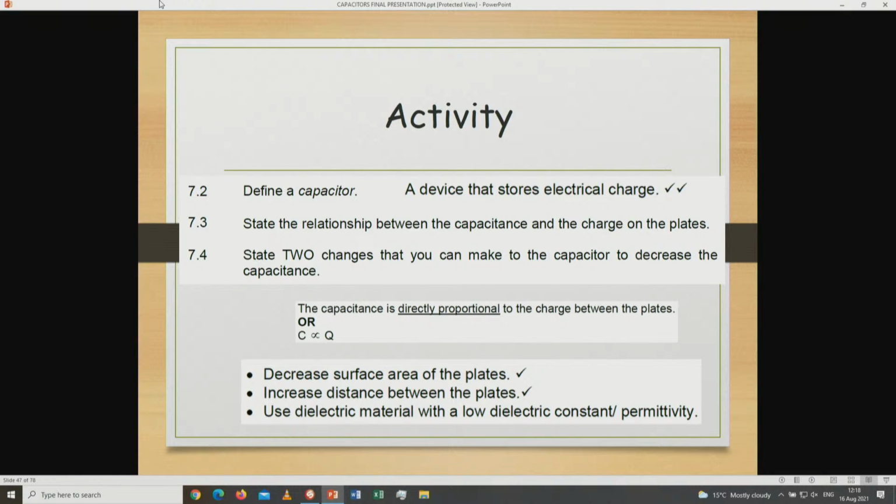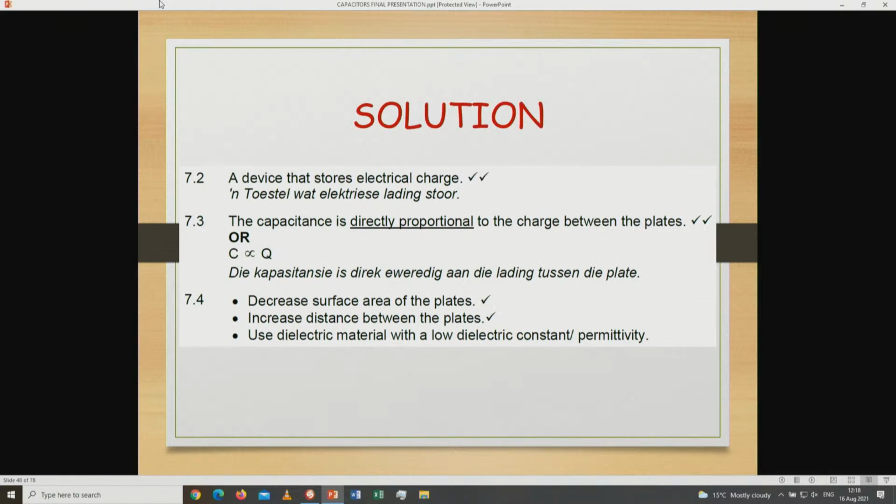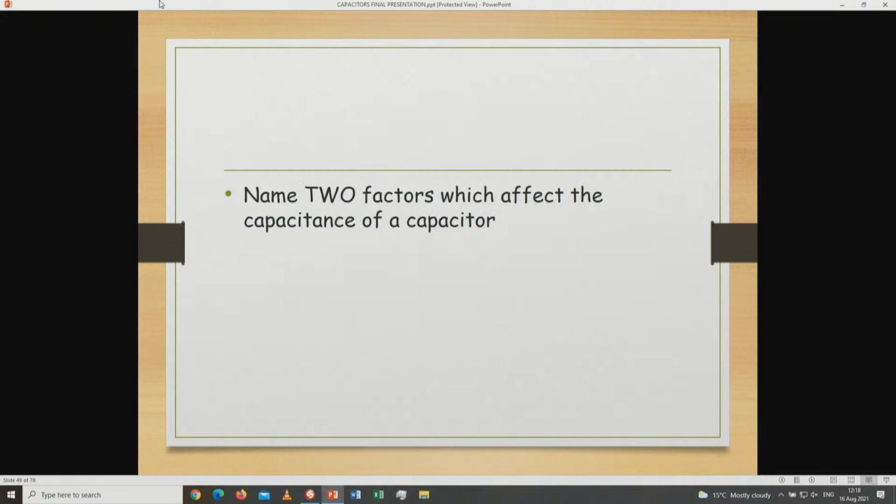When you decrease the distance, that will increase capacitance. Or we can use a dielectric material with a low dielectric constant, or permittivity. These are the things that you can do to decrease capacitance between the two plates. These are the solutions.